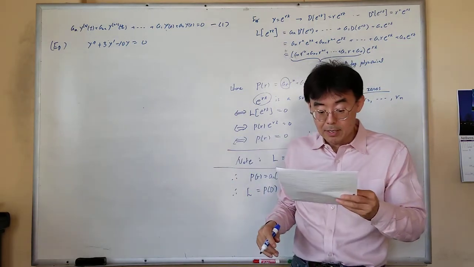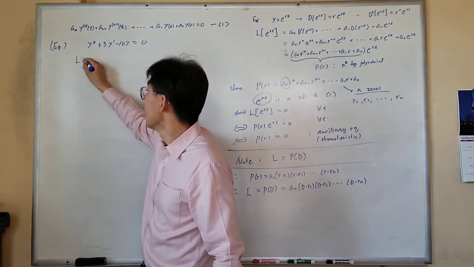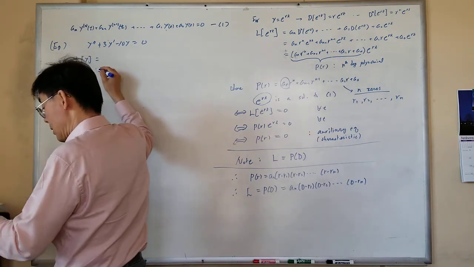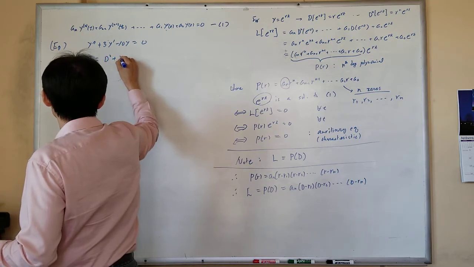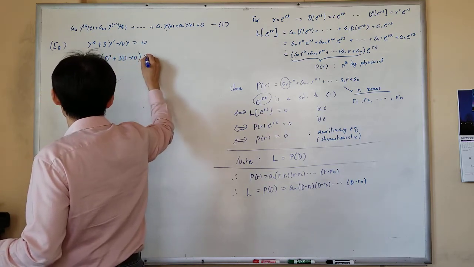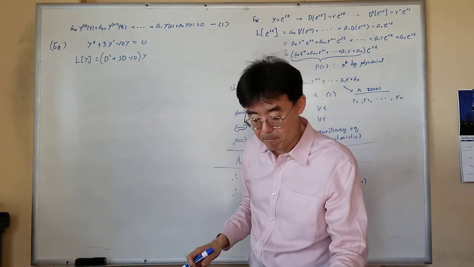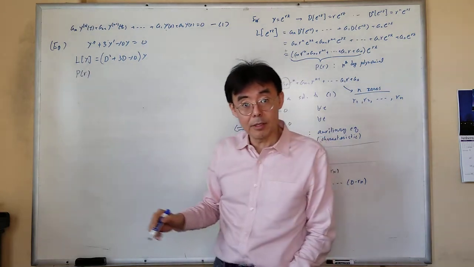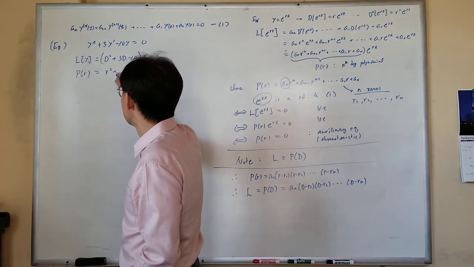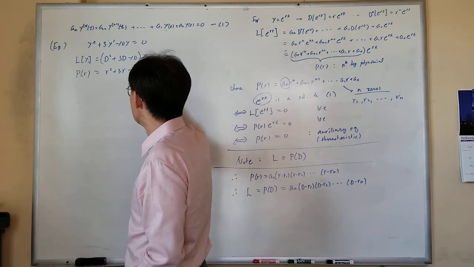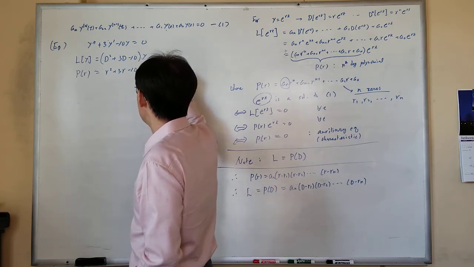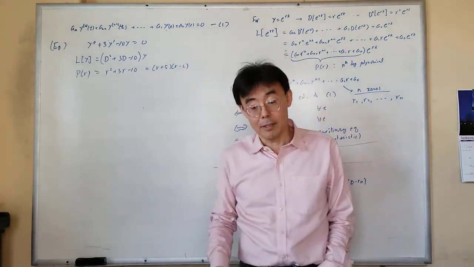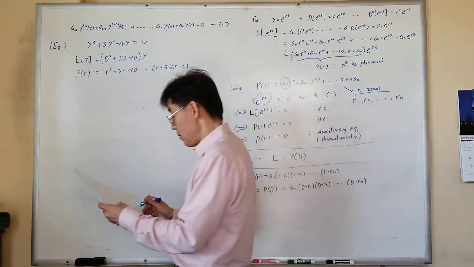I can write it as L of y equals 0, where L of y is d squared plus 3d minus 10, applied to y. The corresponding characteristic polynomial is r squared plus 3r minus 10, which factors as r plus 5 times r minus 2.